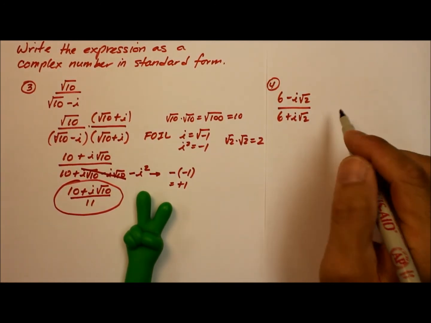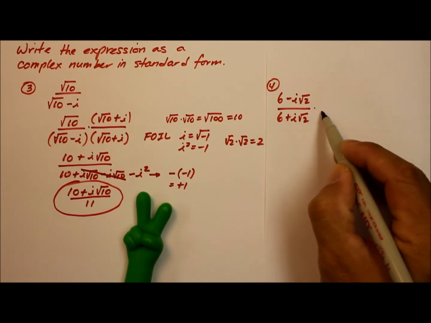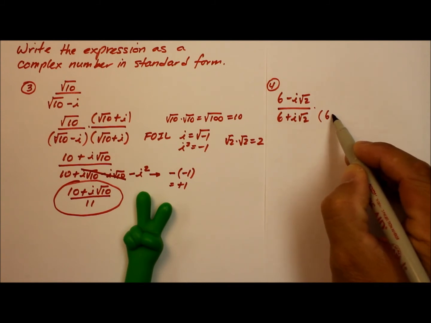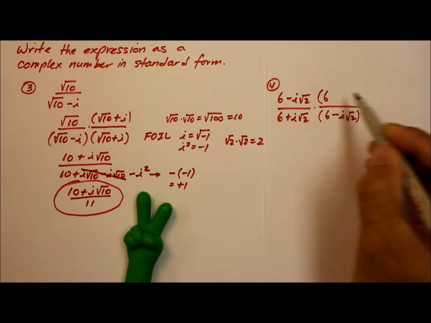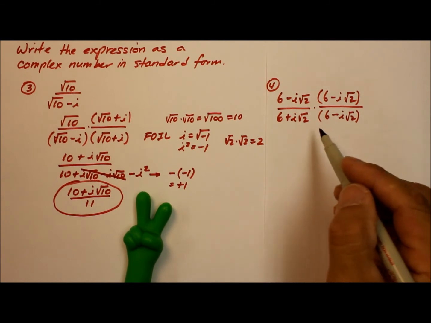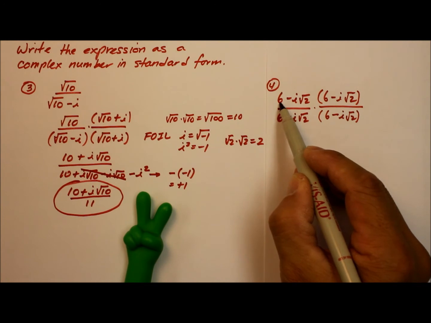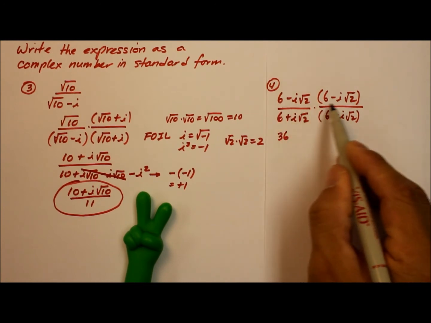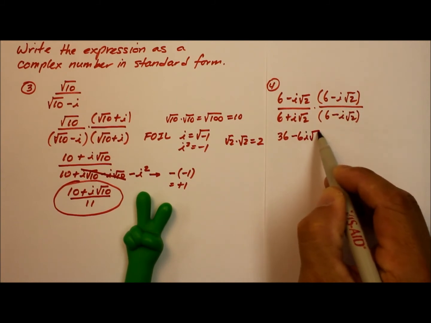Good. So you said, well, just like the last example, number 3, we're going to multiply by the conjugate of 6 plus i square root of 2. So that will be 6 minus i square root of 2. And whatever you do downstairs, you do to the top. It's an identity property. And we're going to do the FOIL method for both the top and the bottom. So in this case, 6 times 6, the first, is 36. 6 times negative i square root of 2 is negative 6i square root of 2.